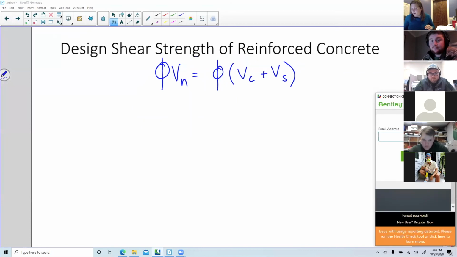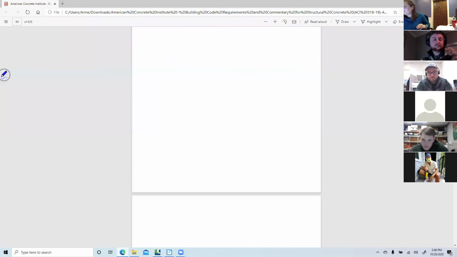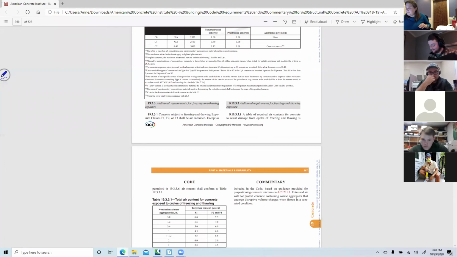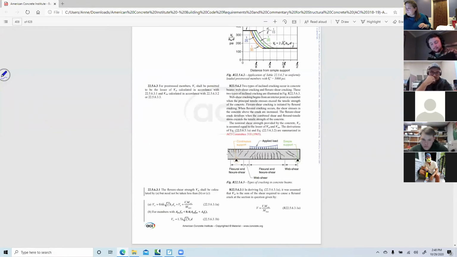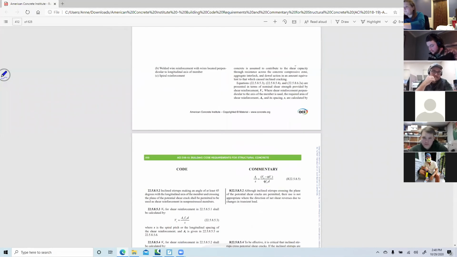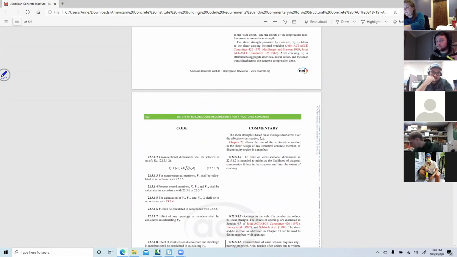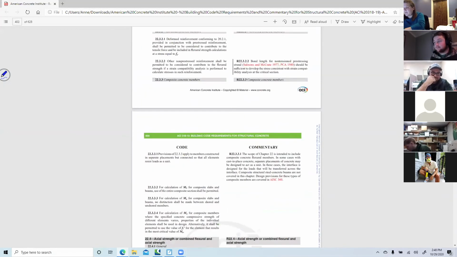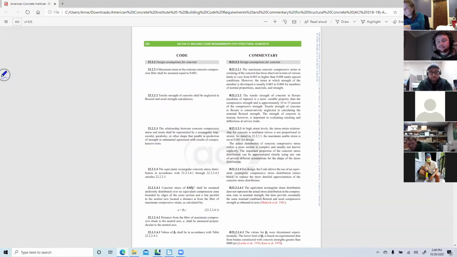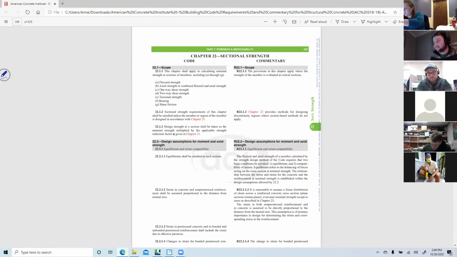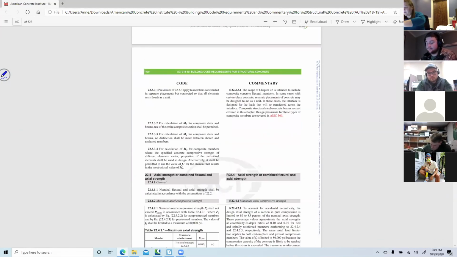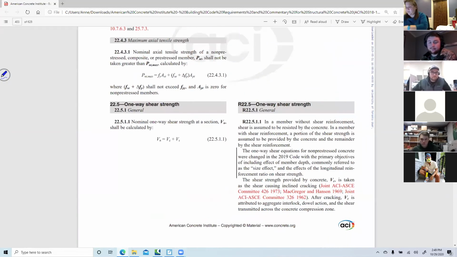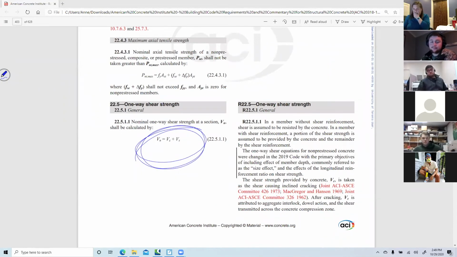This is on page 401. We're talking about one-way shear strength as opposed to two-way. That's more for a slab, right, in two dimensions.